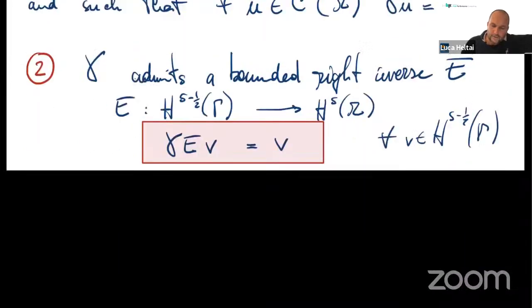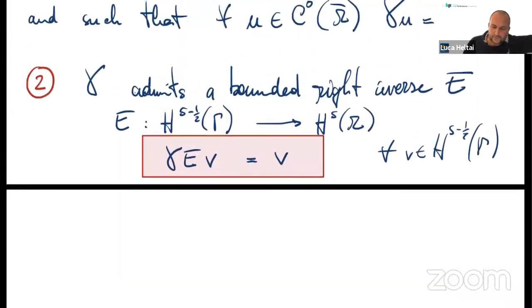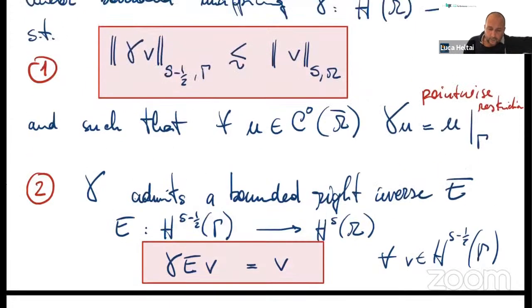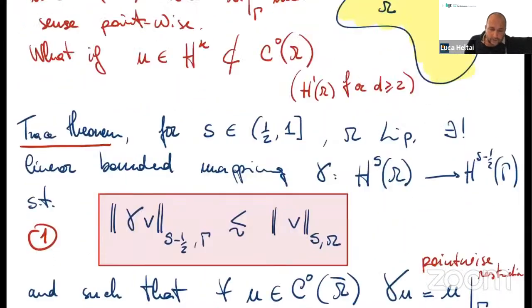Okay, so now the main question that one should ask. Of course, the fact that there exists a bounded right inverse also implies that the operator E is a linear operator, and also implies that you can actually bound the H^s norm by the H^{s-1/2} norm. One way to define the H^{s-1/2} norms, in this particular case we are looking for norms which are not integer norms.